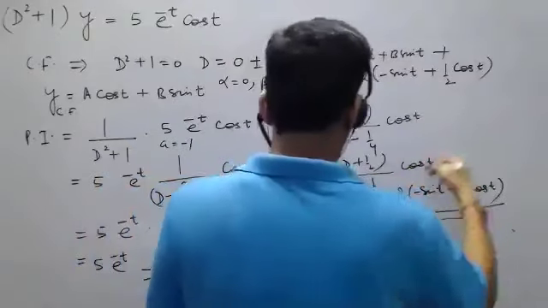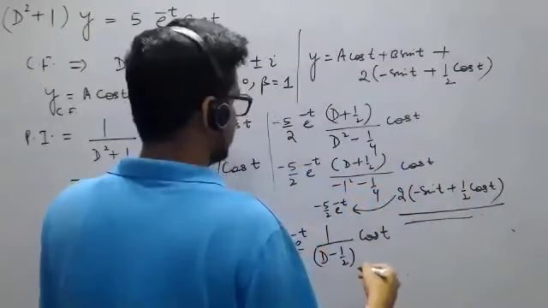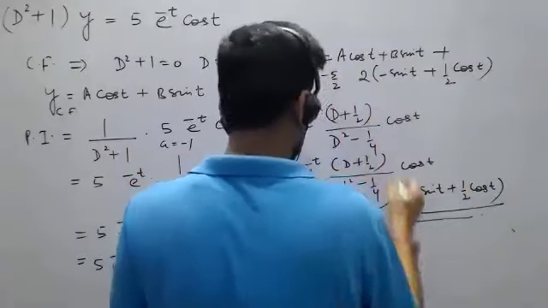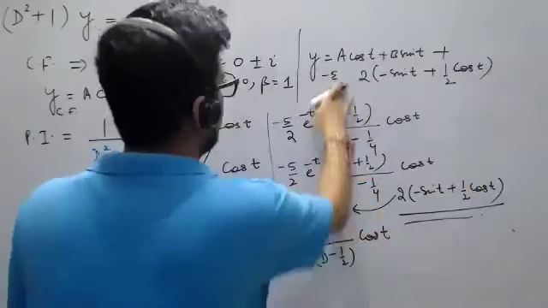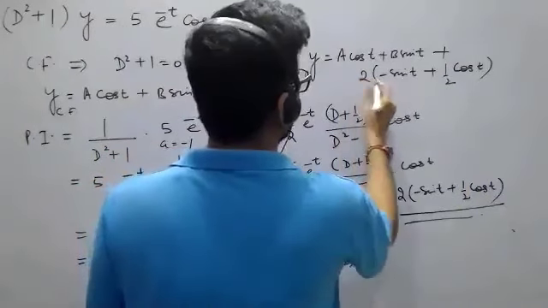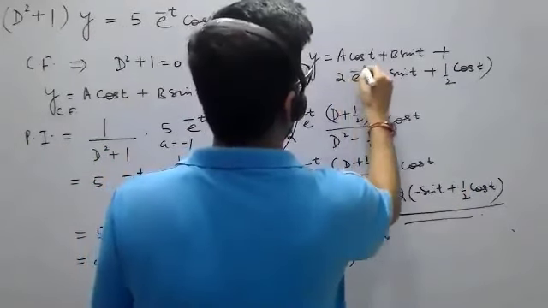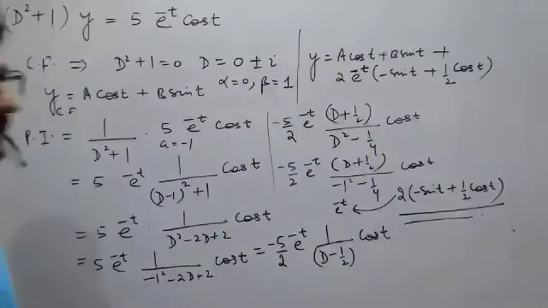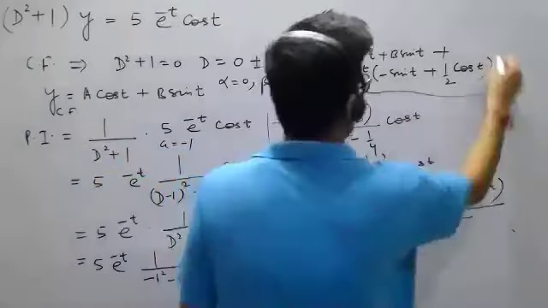Only e to the power minus t is multiplied. The 5 by 2 I have already adjusted and cancelled. I have adjusted only e to the power minus t. So 2 e to the power minus t and this is the solution.